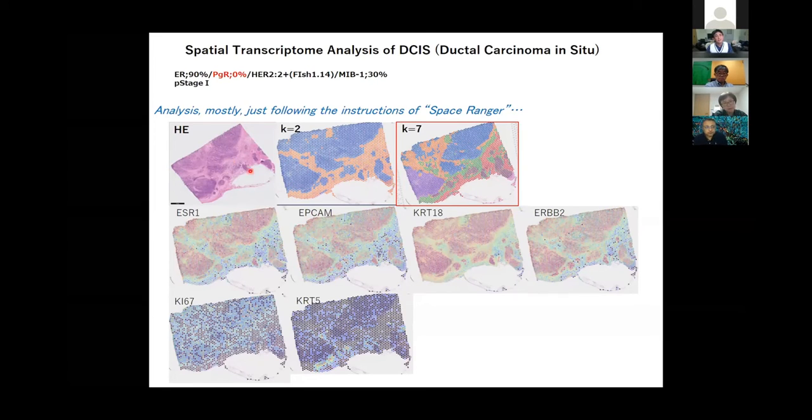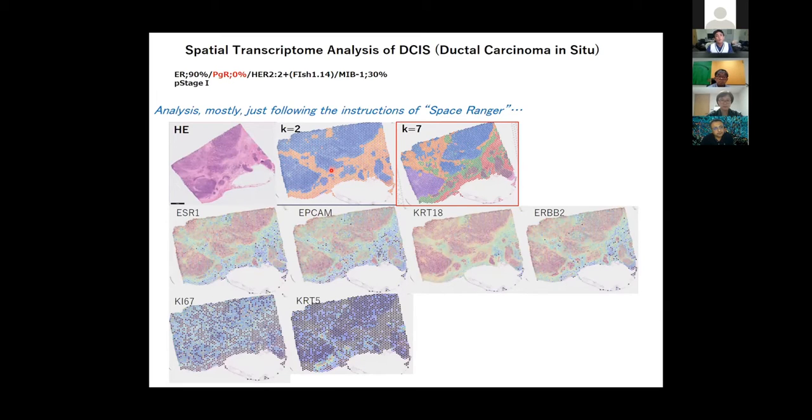And initial clustering analysis, this is the HE staining, and the initial clustering was conducted at K being 2, and the blue parts roughly separated the cells' transcriptome patterns. At the clustering level of 2, the blue dots were mostly from the cancer cells, and the orange dots are mostly from normal cells, which was consistent with the HE staining, pathologically speaking.